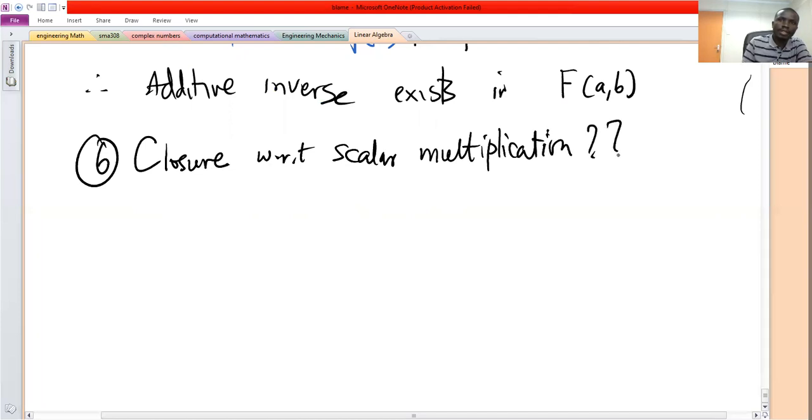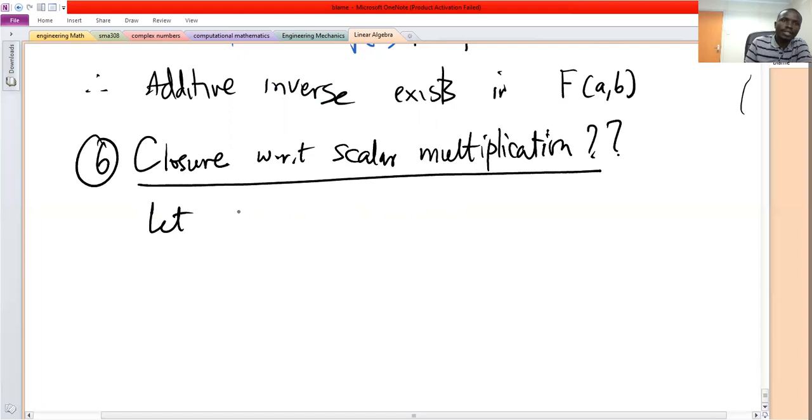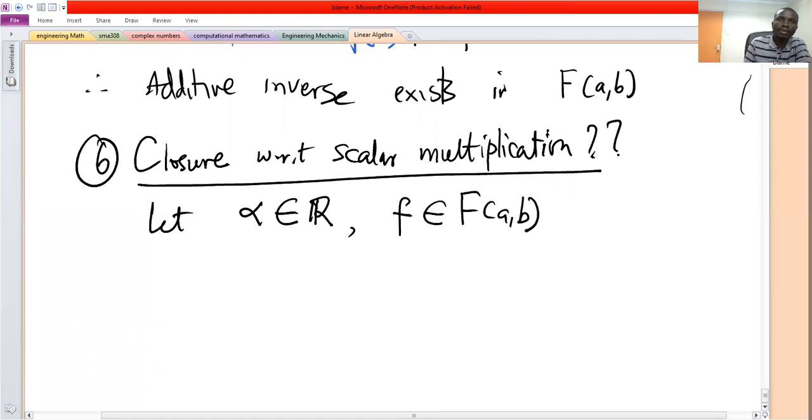So let's see whether this set F is closed under scalar multiplication. So let alpha be any real number and f be a function in this open interval AB.